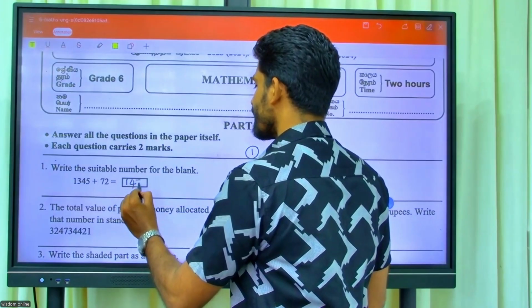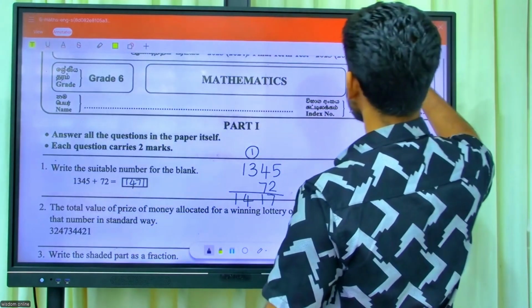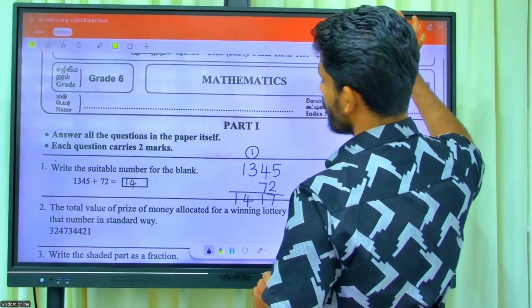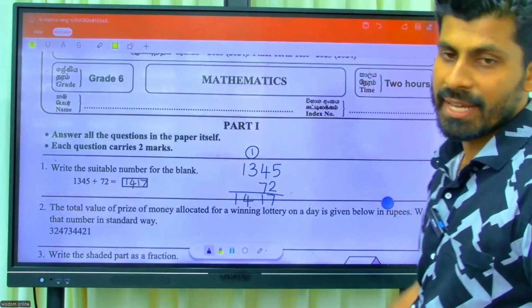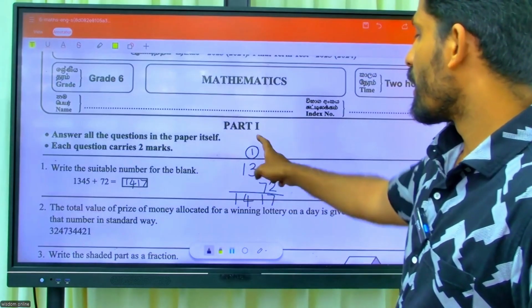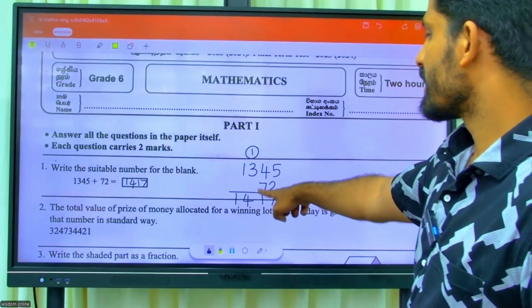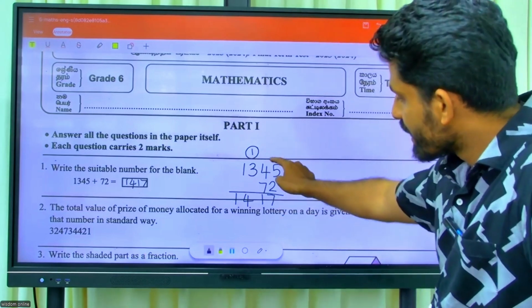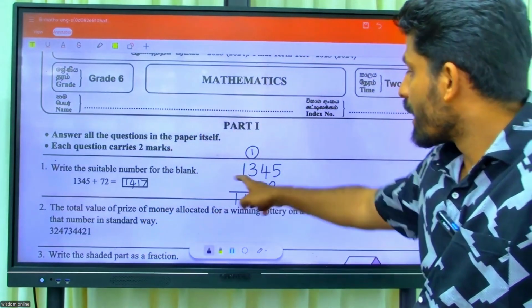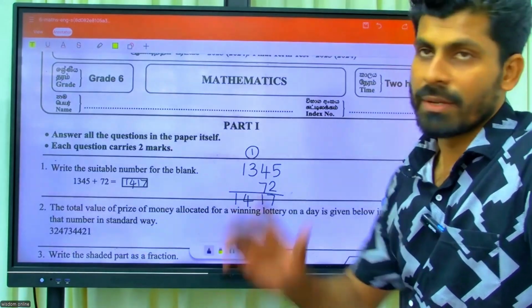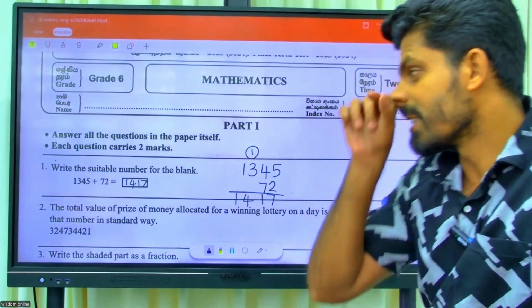So 1417. This is the answer for the first question.